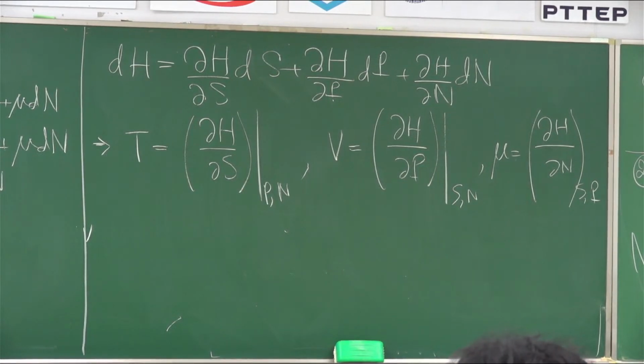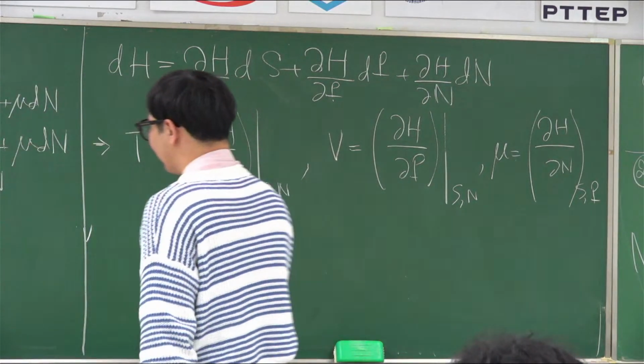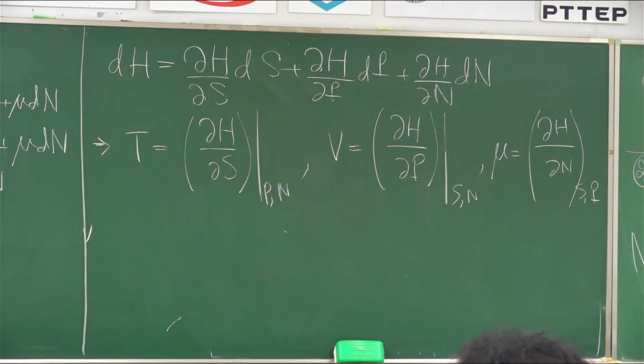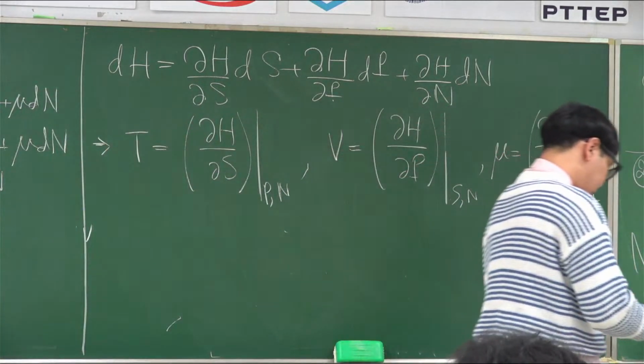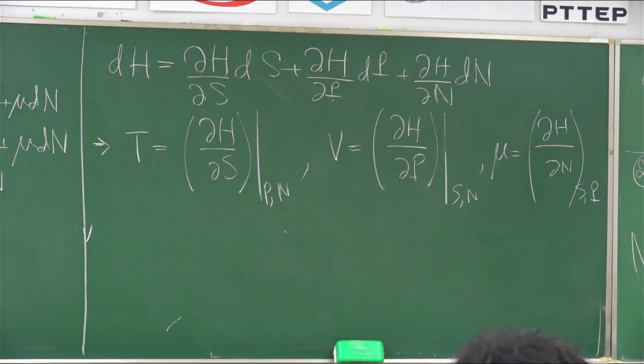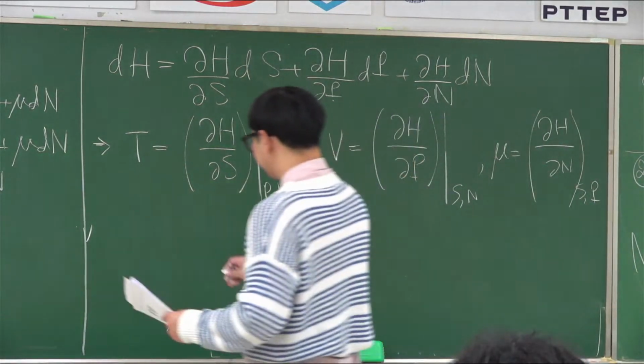Because chemists use a lot of this quantity to study the system or to see how the system evolves from one state to another state, right? But I understand that in chemistry they focus on the special case where they keep the pressure constant. All right, that is a thing. Okay.